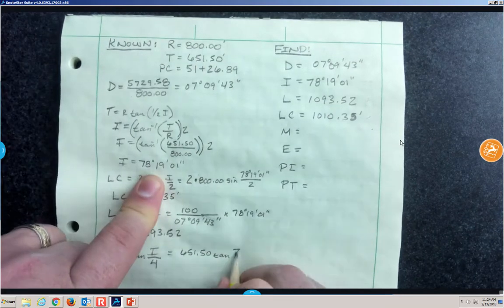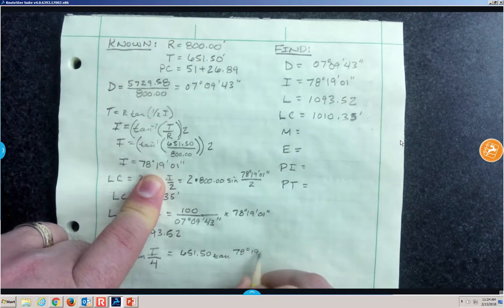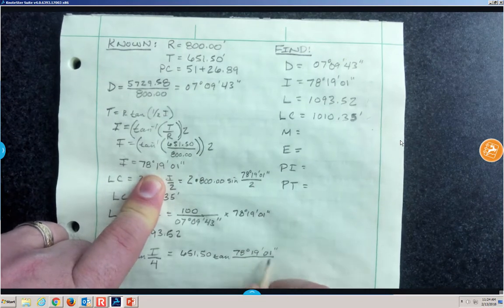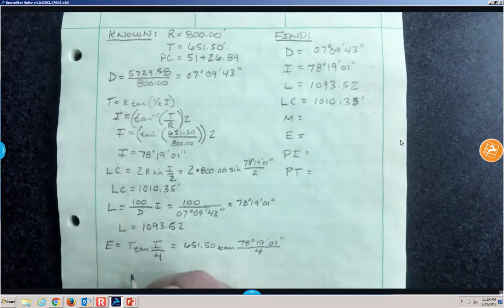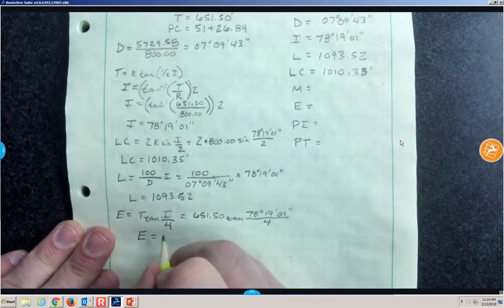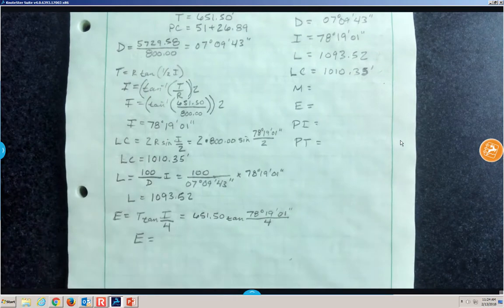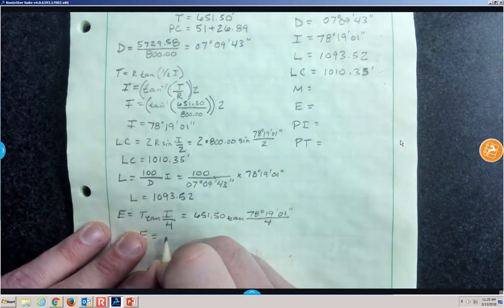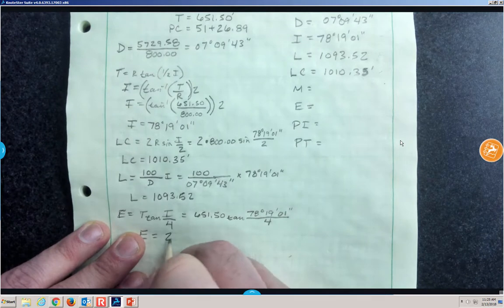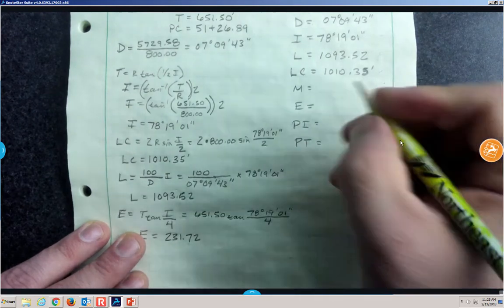I was 78 degrees, 19 minutes, 01 seconds, divided by 4. So what is E? 231.72 is E.